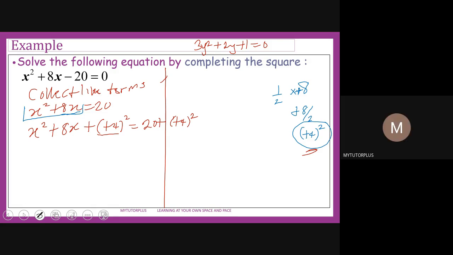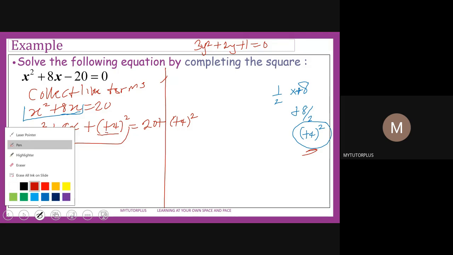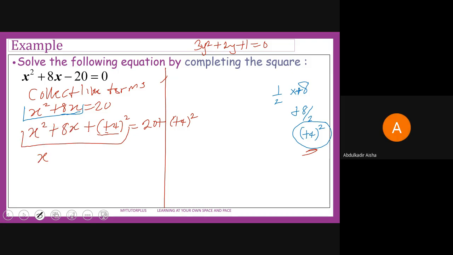Now, the next step I need to take is on the left-hand side. I will pick the first term, which is x, then the number I have inside the bracket square, which is plus 4. Then everything in bracket square.